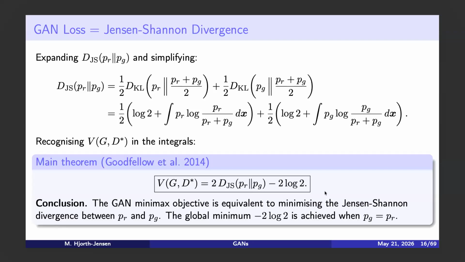As I mentioned before the break, the code which you have in the Jupyter notebook for this week simply implements two neural networks which fight each other. And it implements the Jensen-Shannon divergence instead of the Kullback-Leibler divergence. This has an objective which has a global minimum of -2 log 2, achieved when the two probabilities approach each other.